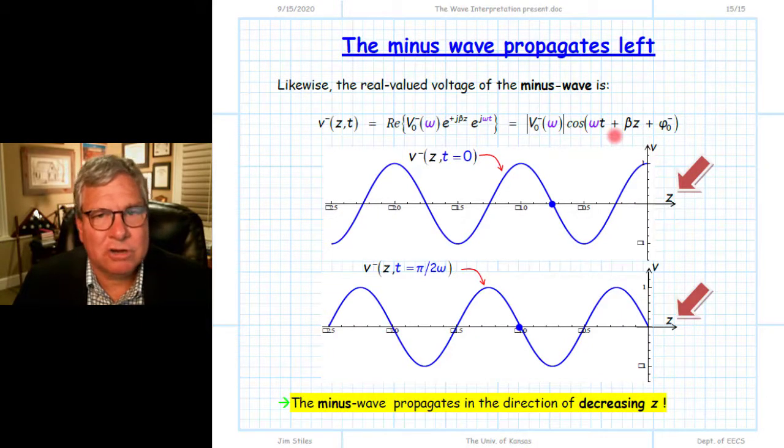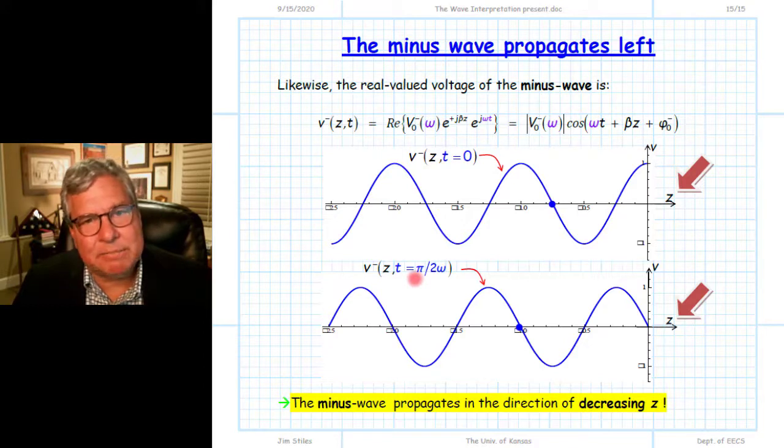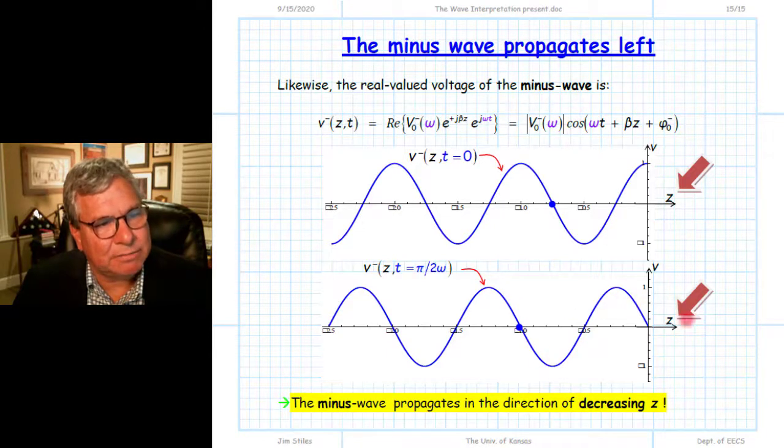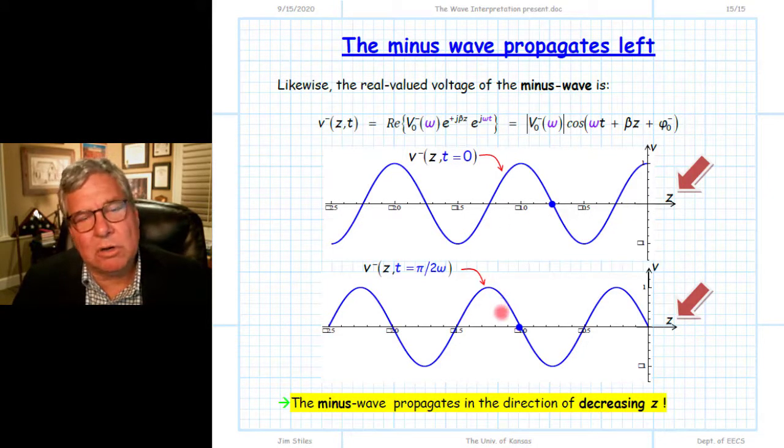And how does that change our results? If we were to plot this minus wave voltage at time t equal to 0, we get something that looks essentially the same as what we had before. If we go through and plot that same function a short time later, once again we see that's a sinusoid function of position z, that we're plotting here. But in this case, we see that again the two functions are no longer aligned.